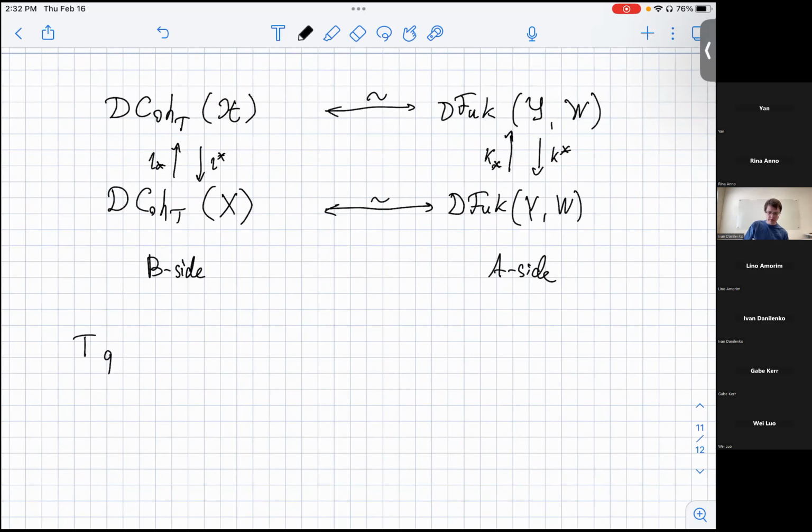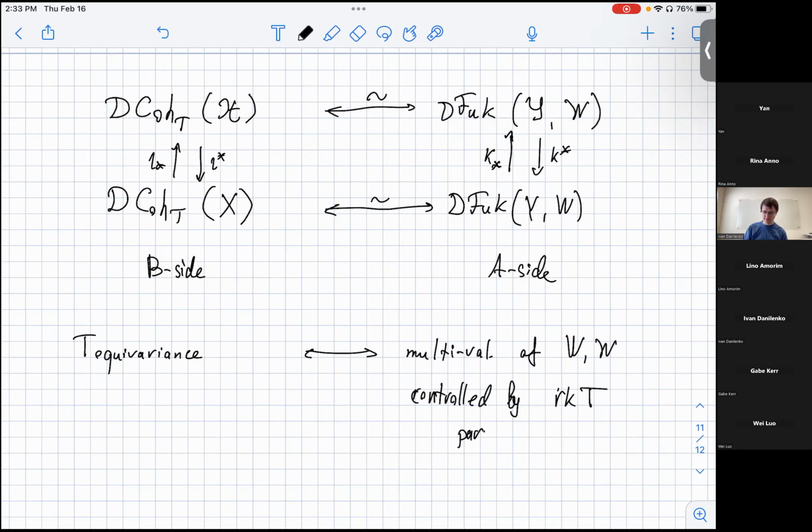So T equivariance is mirrored by multivaluedness of superpotentials controlled by the rank of T parameters.